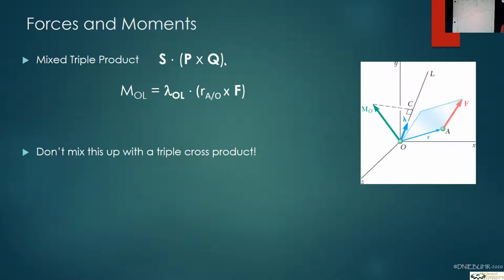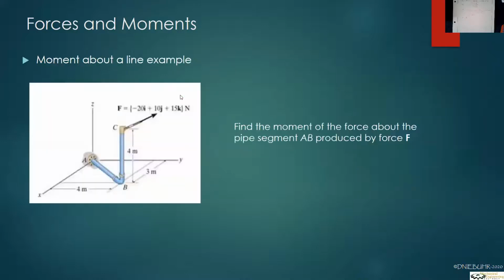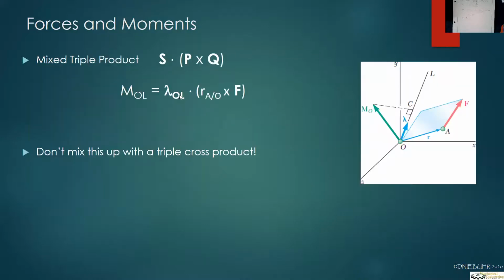This isn't the same as the cross product of three vectors. This is the mixed triple product. It's actually a fairly straightforward process. You can just do the R cross F and then dot product with that, or you can set it up all as one simple equation. Before we go on, let me show you what that means.